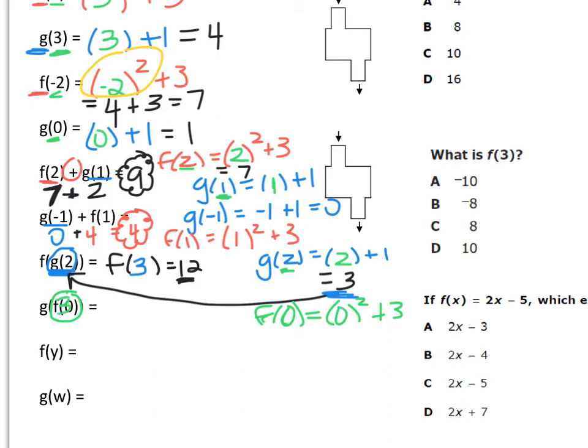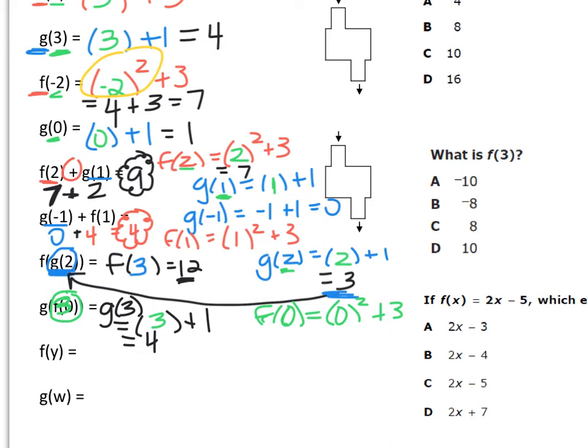So I'm going to replace that whole f of 0 with 3. This is like I'm finding now g of 3. And g of 3, g of x was something plus 1. The something I'm doing is 3. And 3 plus 1 is 4.